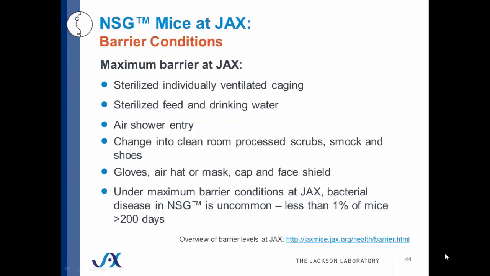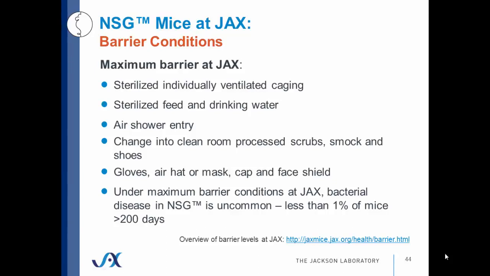And so we'll get many investigators that ask us, what are the barrier conditions at Jackson and how do we maintain NSG mice in our own facility? So you can get all of this information online, but the maximum barrier facilities here at Jax include sterilized, individually ventilated caging, as well as sterilized feed and drinking water. As I mentioned, we also have air shower entry, as well as clean room processed scrubs, smock, and shoes that technicians change into prior to entering.